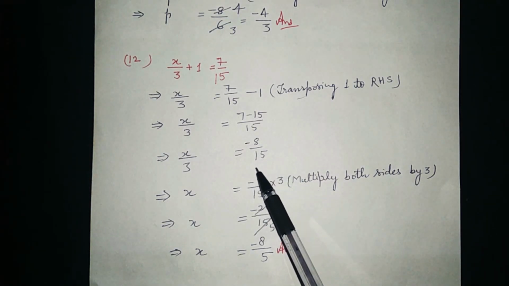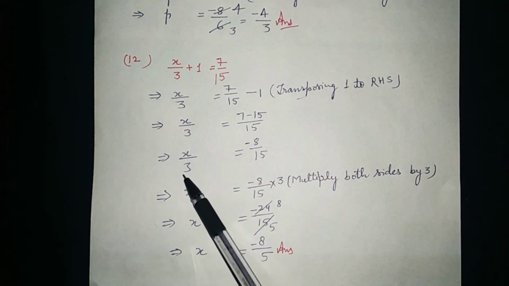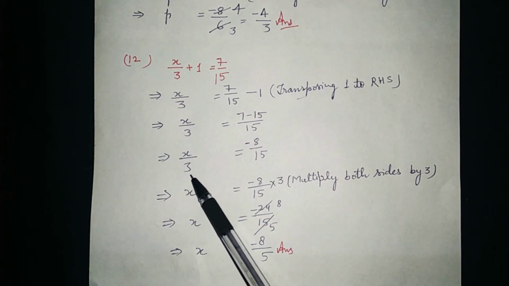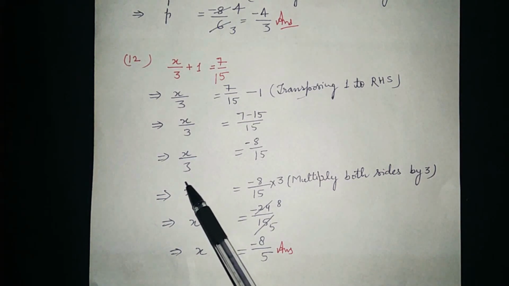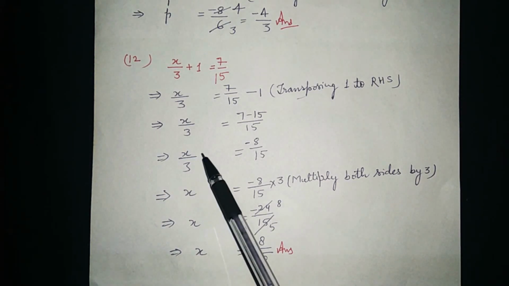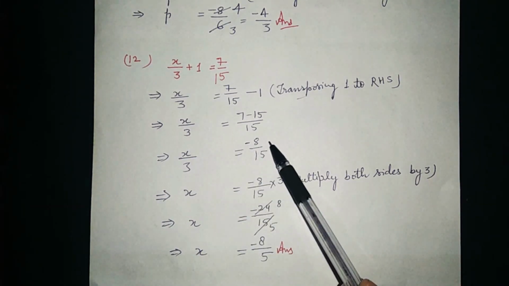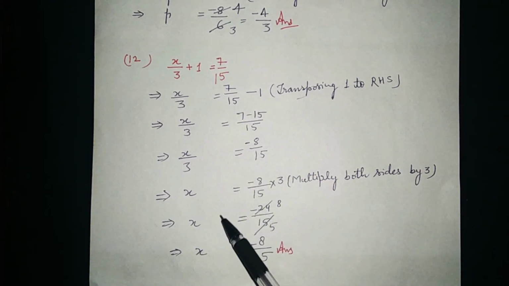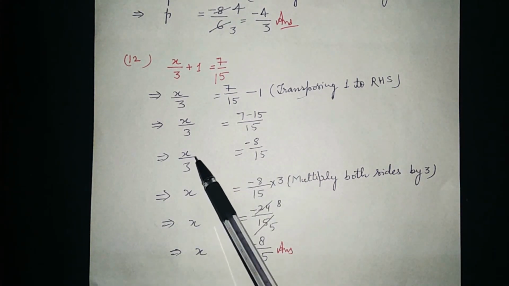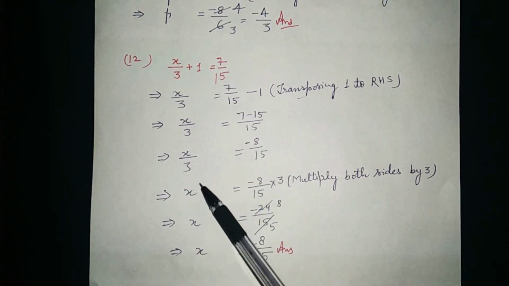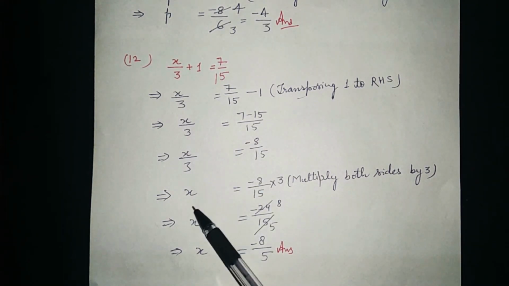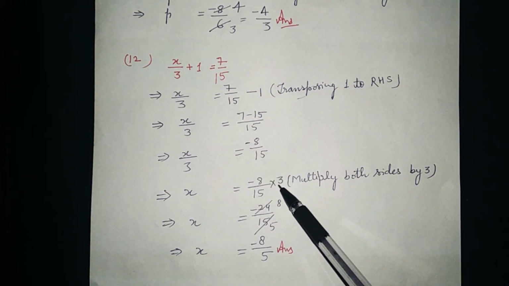Now what we have to do, see now. This 3 we have to remove from this side. So for that what we will do? We will multiply both the sides by 3. If we multiply both the sides by 3, what will happen? 3 will be cancelled out. What will remain here? Only x and here 3.